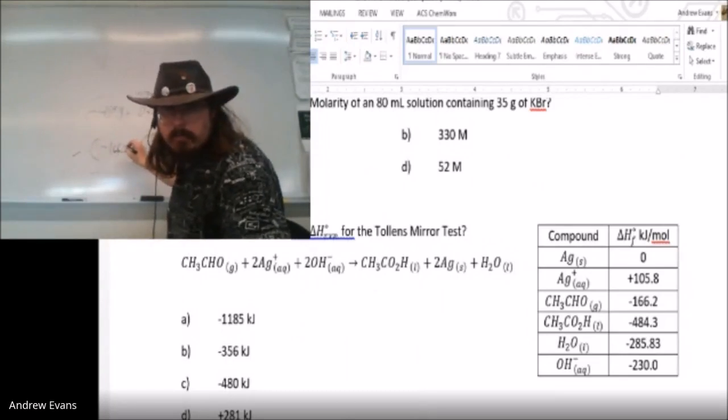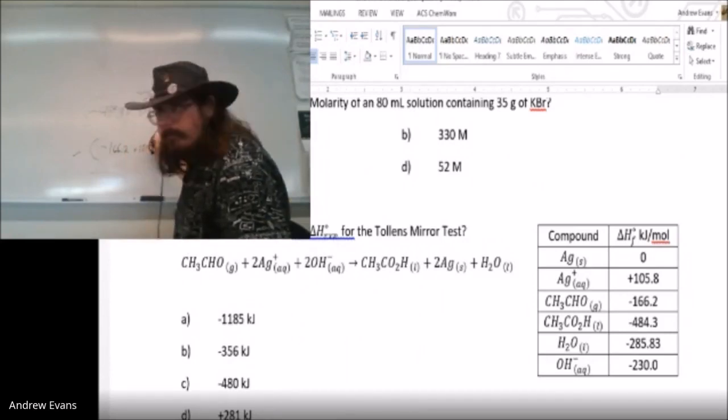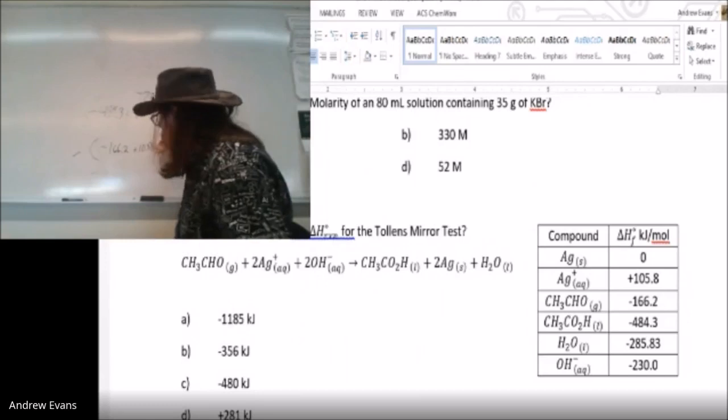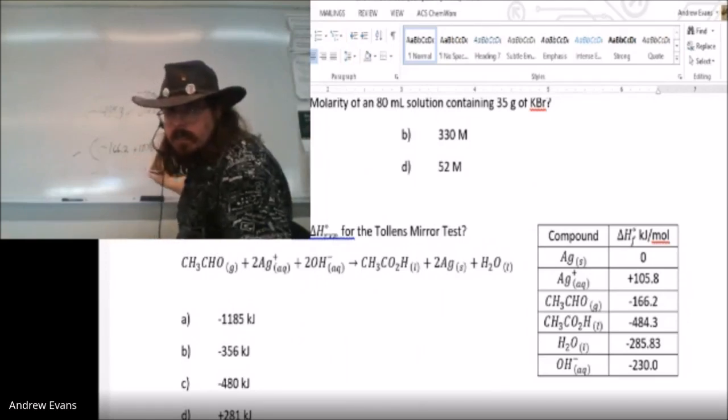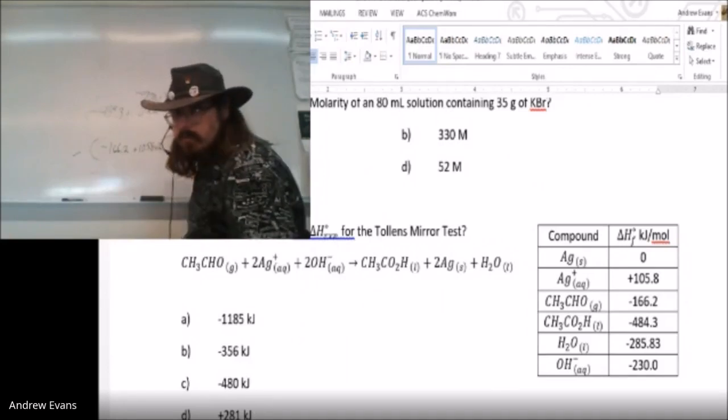We have 2 silvers, which is positive 105.8 times 2, and 2 hydroxides, which is negative 230 times 2.